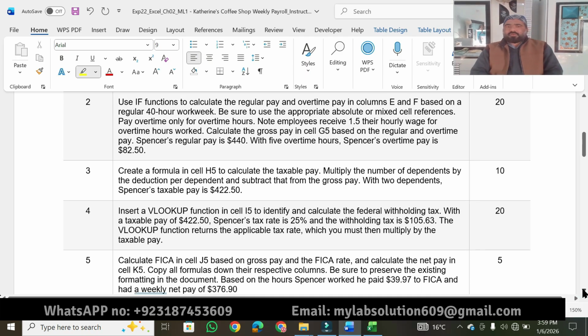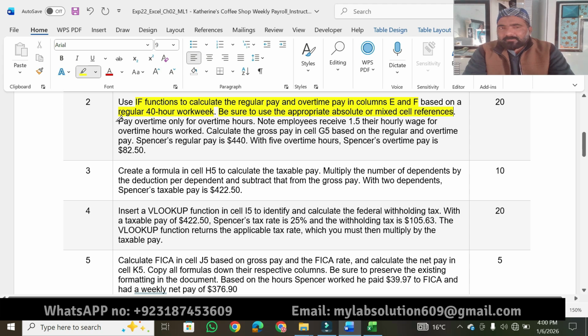Okay, after solving question number 1, now we are moving toward question number 2. Use the IF function to calculate the regular pay and overtime pay in columns E and F, based on a regular 40 hour work week. Be sure to use appropriate relative, absolute, or mixed cell references.